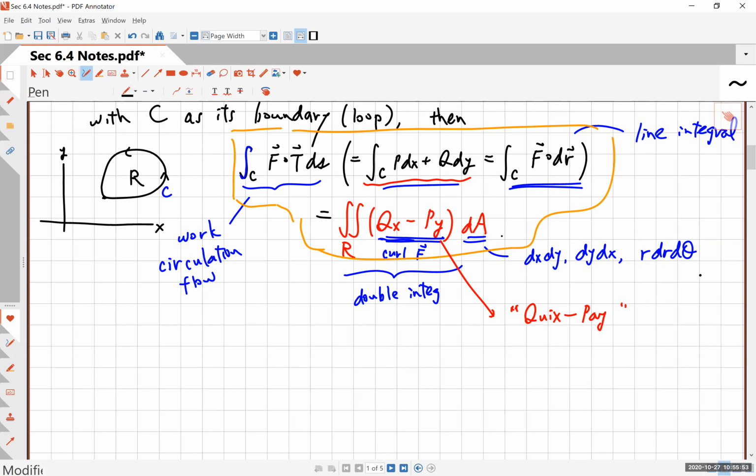Oh, and by the way, one more thing here. I should mention that C is counterclockwise oriented, not clockwise, but counterclockwise. Now, they had to decide which is the standard notation, the orientation, counterclockwise or clockwise.